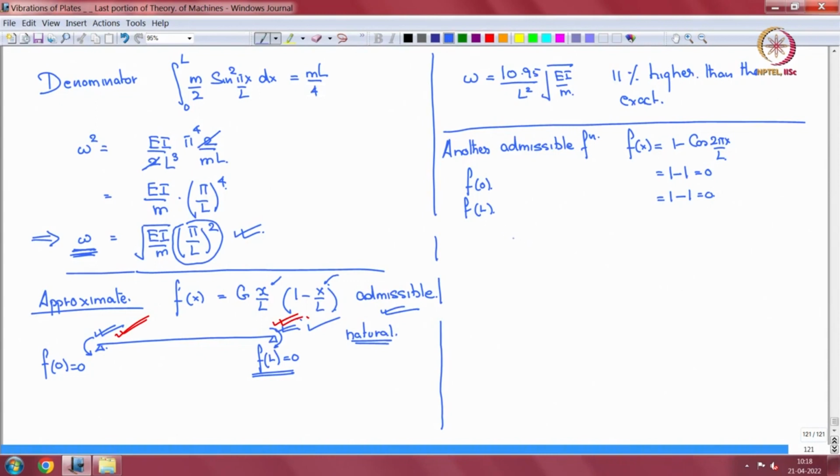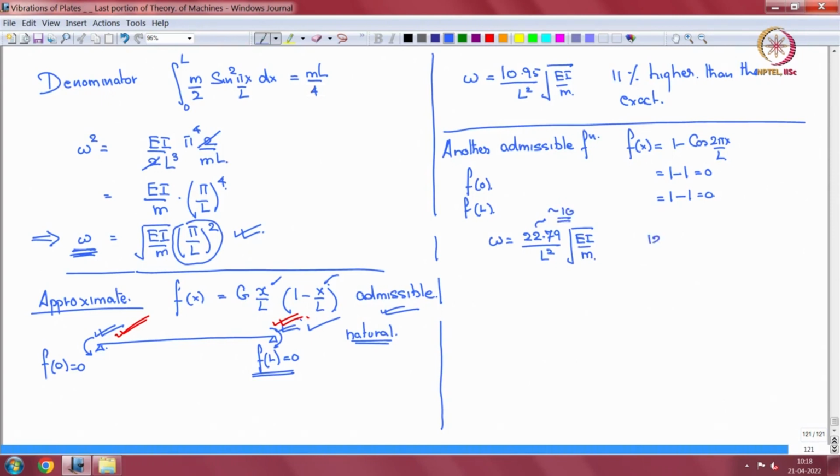If I now use this, I get an omega of 22.79 by L square, square root of E I by M. And I told you the actual value here is close to about 10. So you can see how much different this is.